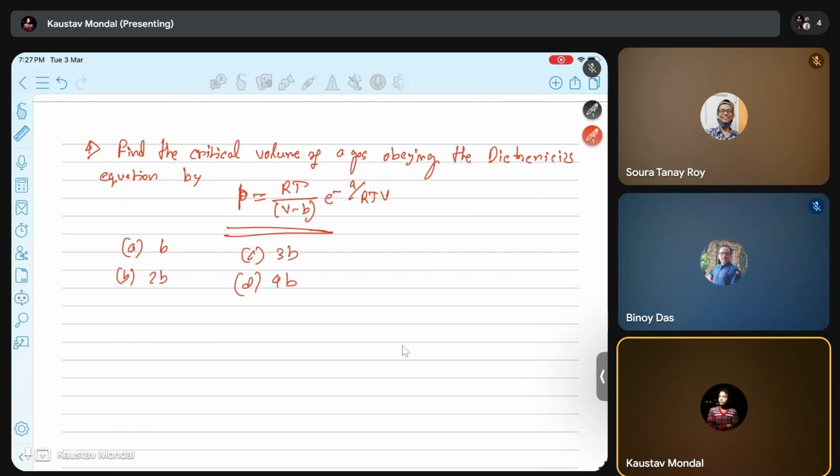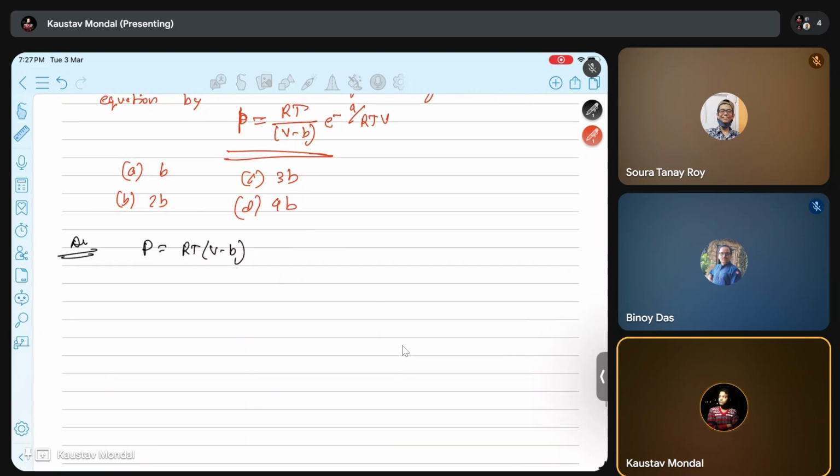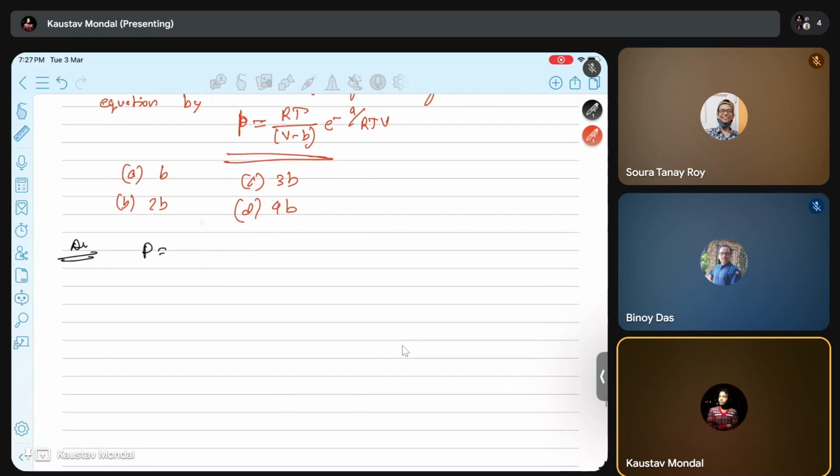We know the equation is P equals RT by V minus B, into e to the power minus A by RT V. We know the conditions: dP by dV equals d squared P by dV squared equals 0.